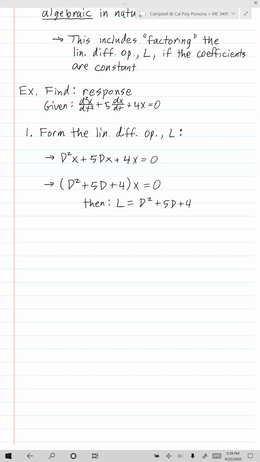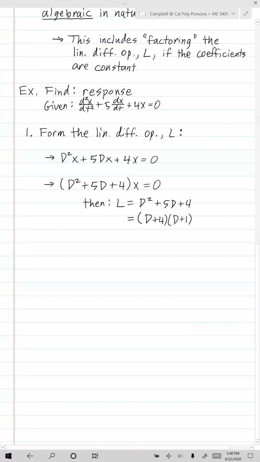Just like we did previously, but now this D is an operator rather than a parameter, we can go ahead and factor this linear differential operator. And we'll see that this idea of factoring is really quite intriguing.